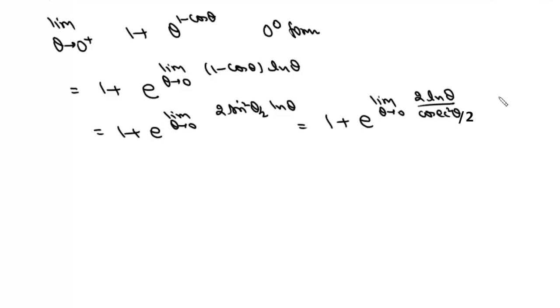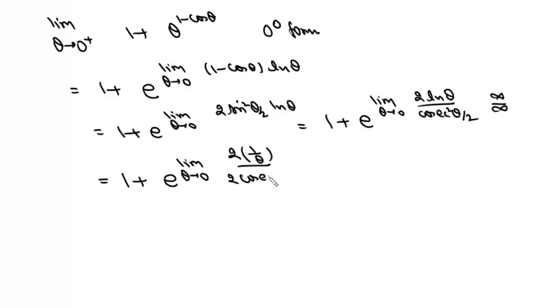Now this is infinity upon infinity form. So if we use L'Hopital's rule, we can write this as 1 plus e to the power limit theta tends to 0 of 2, 1 upon theta, and here it is 2 cosec theta by 2, and then cosec theta is minus cosec theta by 2 and cot theta by 2, 1 by 2.